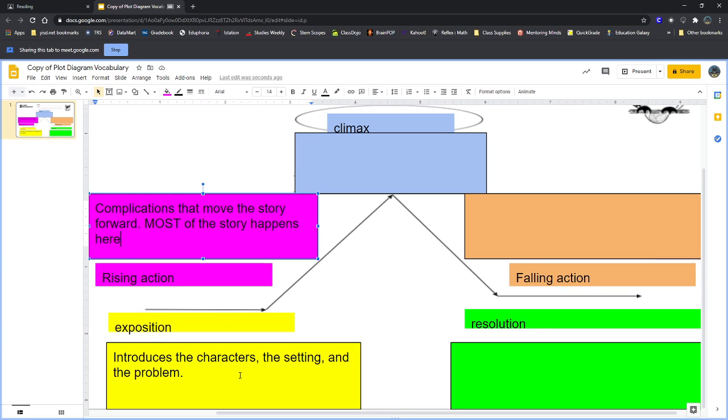The exposition is very quick. Most of the story is the rising action. In fact, most of these parts of the plot are very quick. This is the biggest part of the plot by far, because there has to be so many things that make the story move forward.